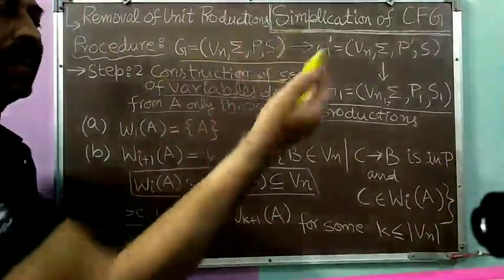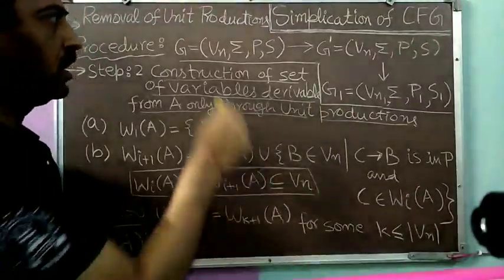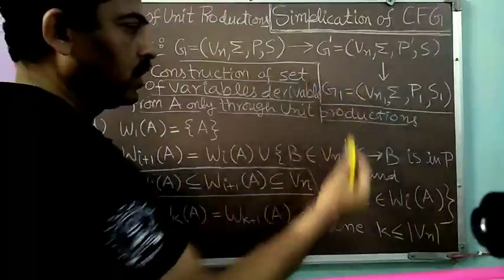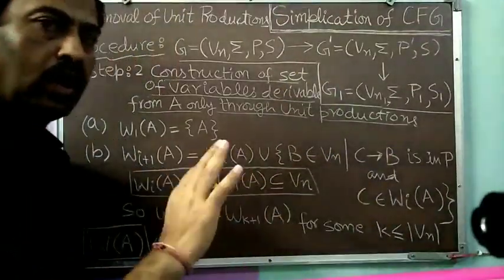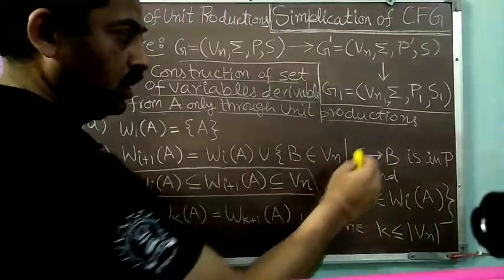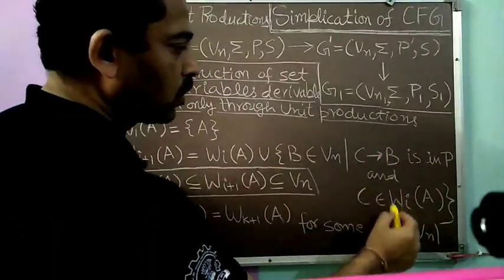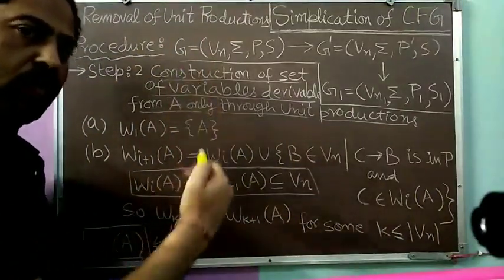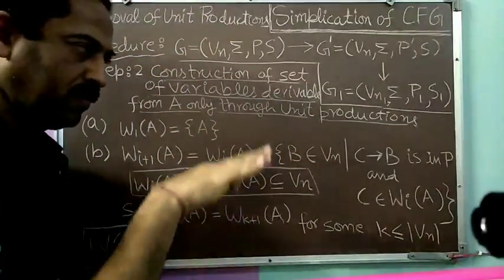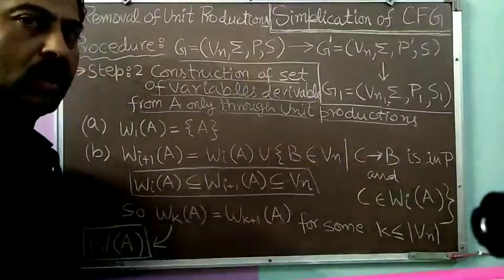So we have to look at the unit productions present in our grammar, whatever grammar is under consideration, whether it is G, G dash, or G1. In that grammar, we will look for the unit productions such that C belongs to Wi of A. Whatever step we have formed Wi of A at, we look at the variables in that grammar.